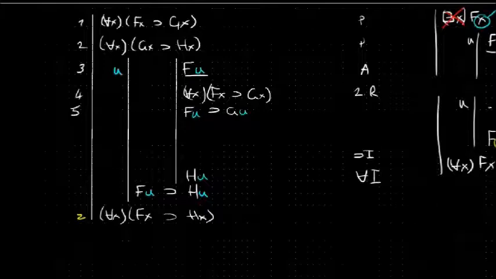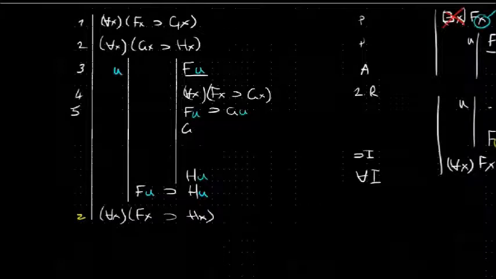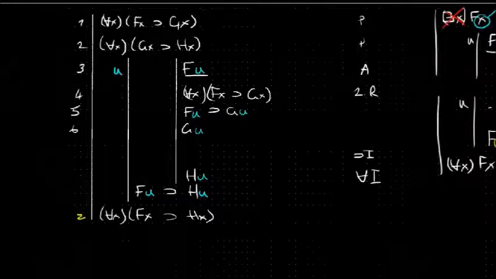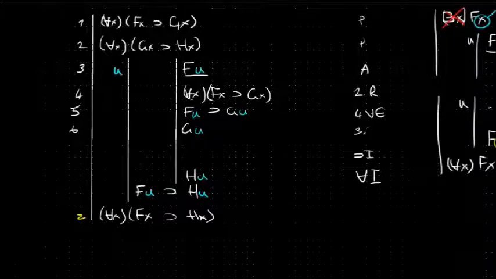So from FU and FU then GU, we can derive GU on line 6. So that is going to be, oh sorry, this was for universal elimination, and that is 3, 5, horseshoe elimination.